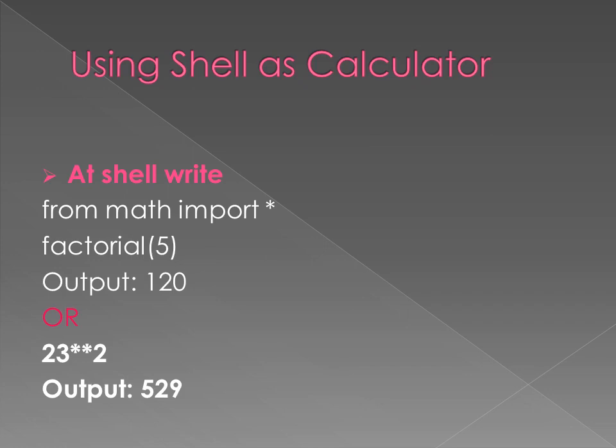And if we want to calculate, for example, 23 power 2 by using the exponent operator, then the output is shown at the next line. The shell is used as a calculator, and at runtime we can quickly calculate results by writing quick statements.